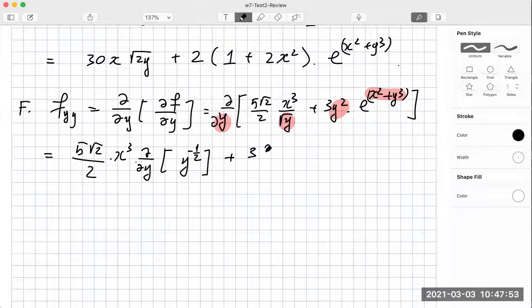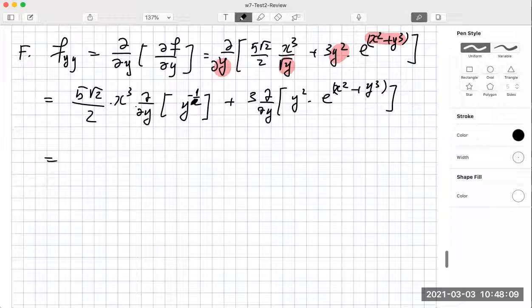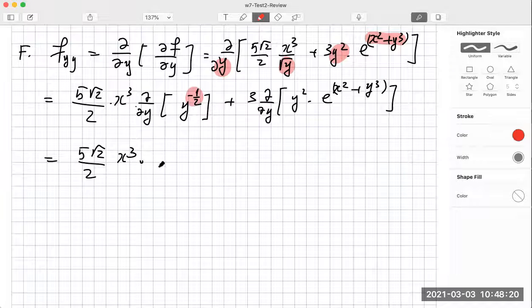Plus 3 times the partial derivative with respect to y of y squared e to the x squared plus y cubed. From this, the partial derivative will be, we take the power down here, and be careful, this is a dot product here, so we need to write parentheses, otherwise you may confuse the reader.